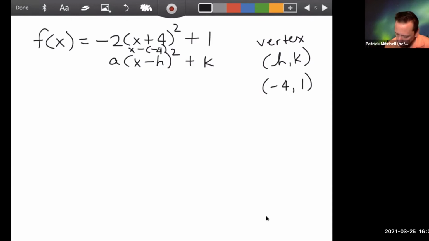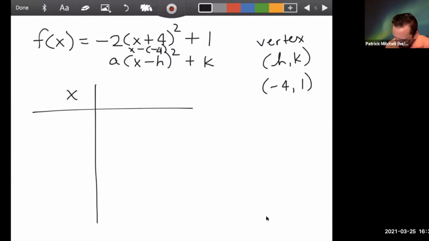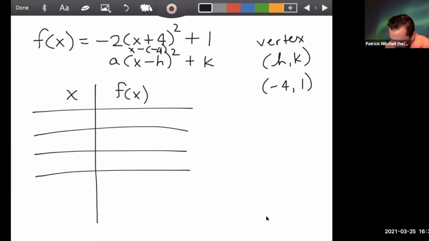Okay. All right, so now let me make my table. Again, we can take advantage of the symmetry, so I'm going to leave space here for 5 points. However, we really only need to calculate 2 points. We already know that the y value that corresponds with -4 is 1.